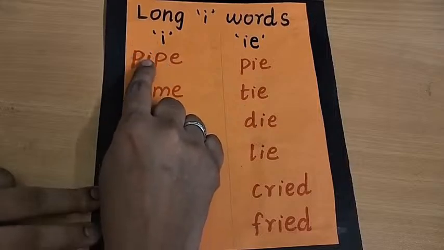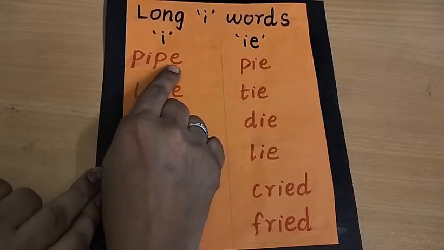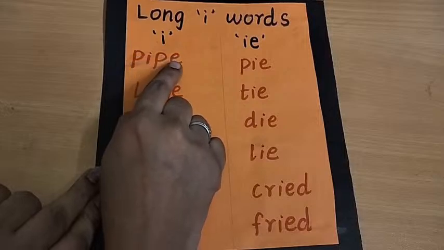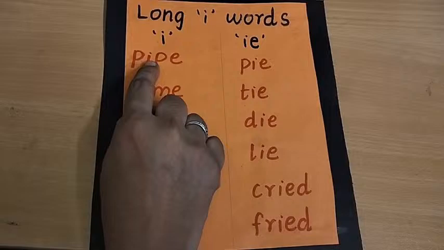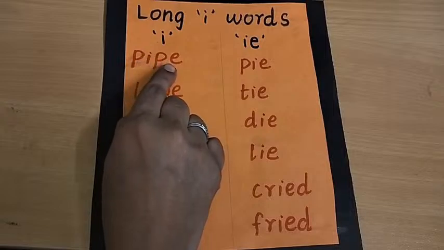So the phonic sound of I is E. So you could not pronounce this word as peep. You have to say it as pipe, as the letter E is at the end of the word. So you have to say this in a longer sound. P, I, P. Pipe.